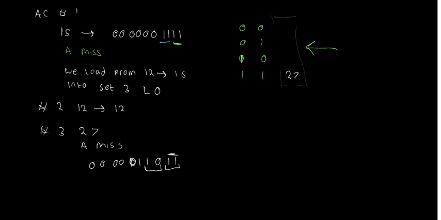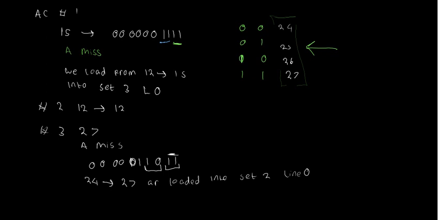So then we're just going to count downwards to find the other positions. This is 26, 25, 24. So what we do is we load 24 to 27 into set 2, line 0.